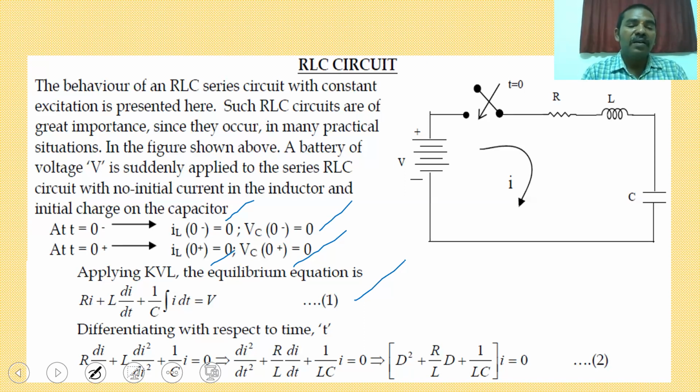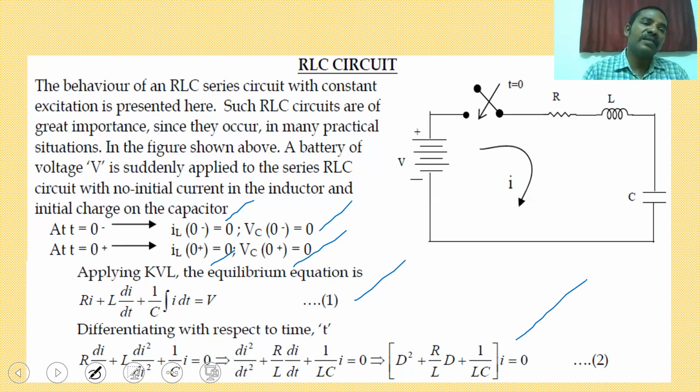So d square i(t)/dt square plus R/L di/dt plus 1/LC into i is equal to 0. That is, D square plus R/L D plus 1/LC into i is equal to 0. So this is a second order differential equation.